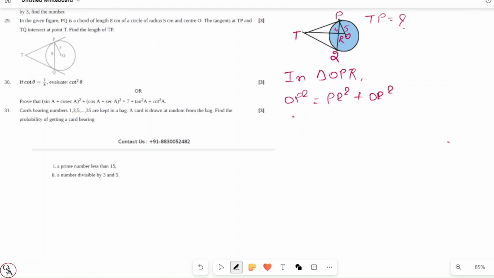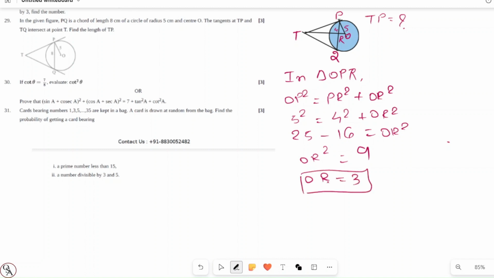My OP square is 5 square, PR is 4 square, and OR I have to find out. 5 5s are 25, minus 4 4s are 16, is equal to OR square. So my OR square is equal to 9. So I get the value of OR as 3.